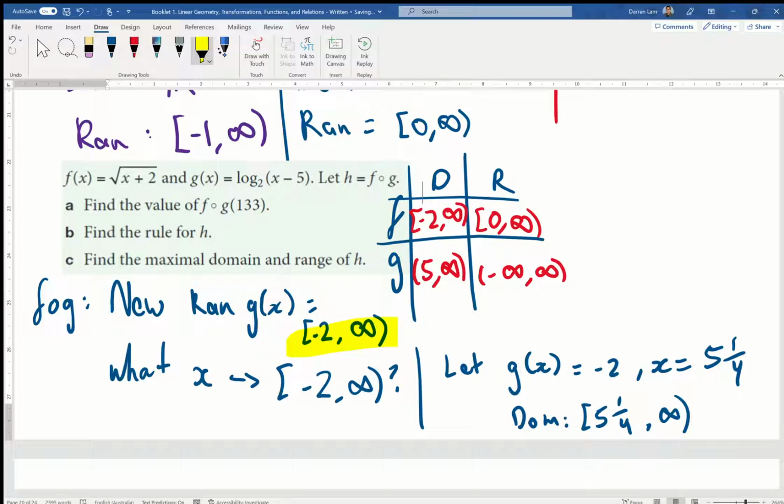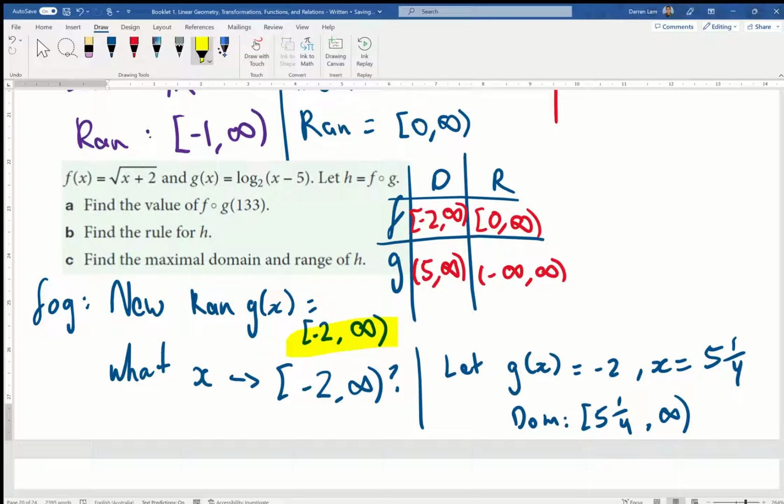So then I substitute -2, see what we get. I put in g of x equals -2. You do your own solving, substitution. You get x equals 5 1/4. So that means that 5 1/4 would be the lower left side of my domain, lower value.